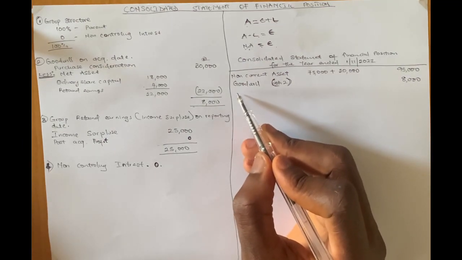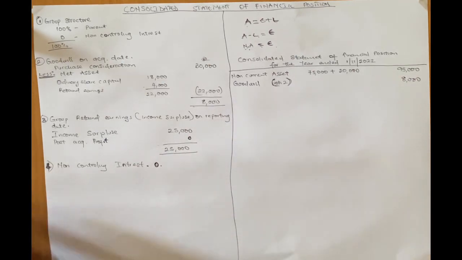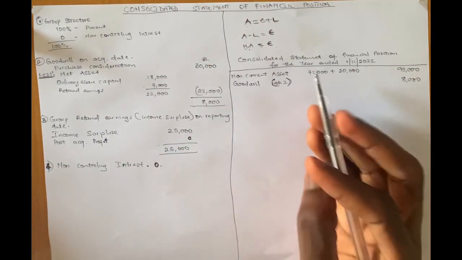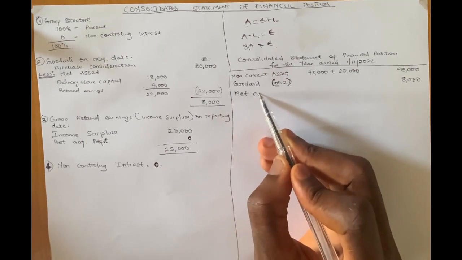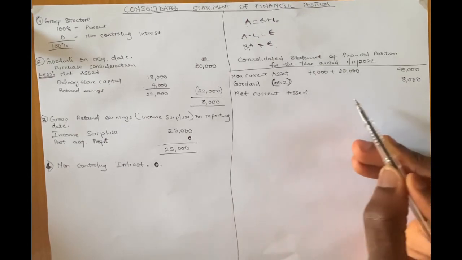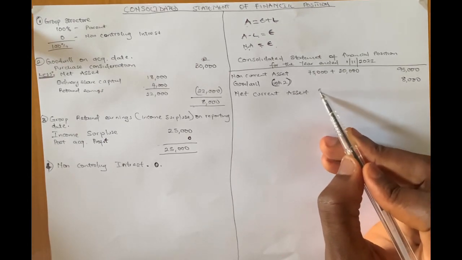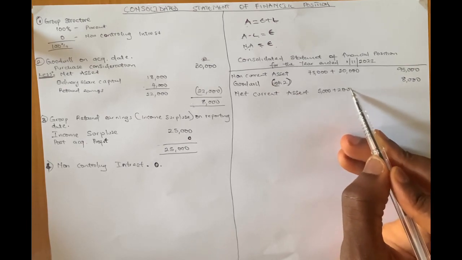And we also take our net current assets, that is 5,000 plus 2,000.